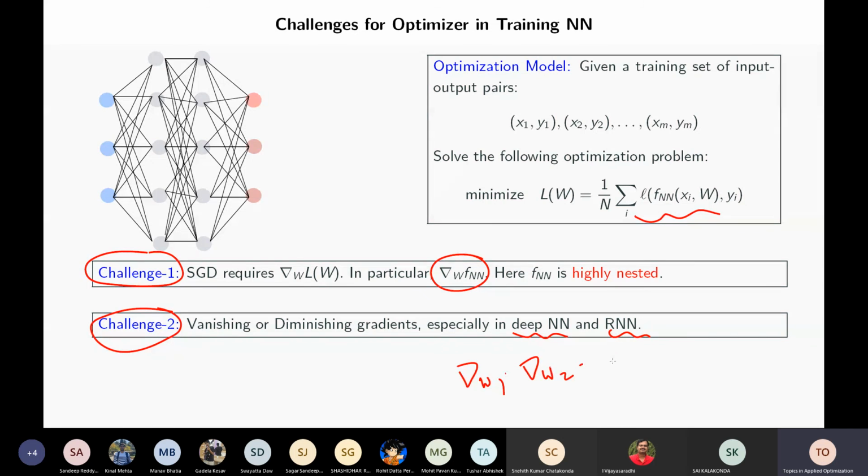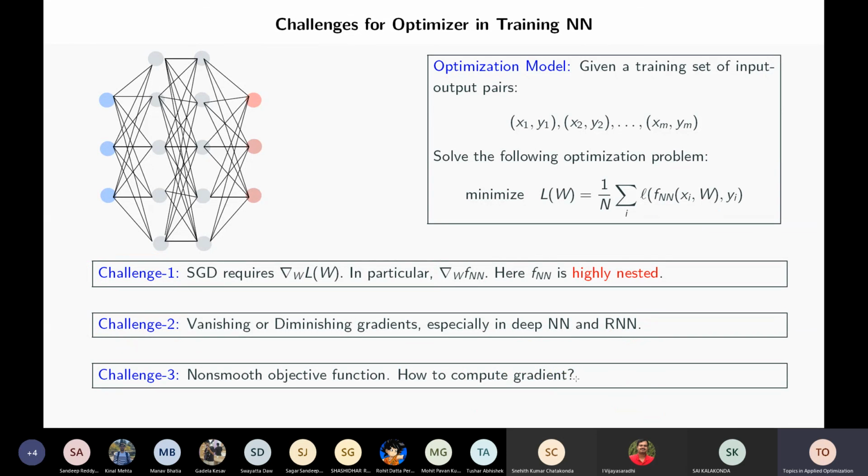We will see this in the upcoming class, but if these values are small, then if I multiply all of these small quantities, I get a very small gradient, and then there will be no update. So the overall gradient of the loss is very small. We know that if the gradient is small, SGD will have no update. So this is another issue, especially in deep neural networks and RNN.